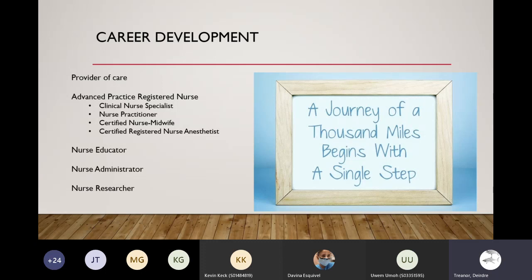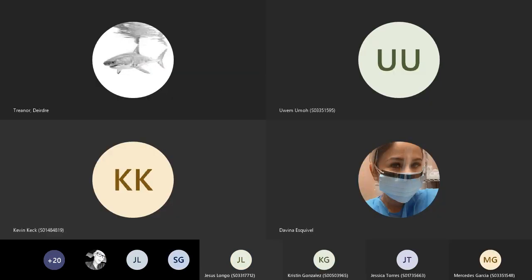Now, state scopes vary for advanced practice registered nurses. For instance, in the state of Arizona, I'm a licensed family nurse practitioner. I do not need to [work under a physician] to prescribe medications.